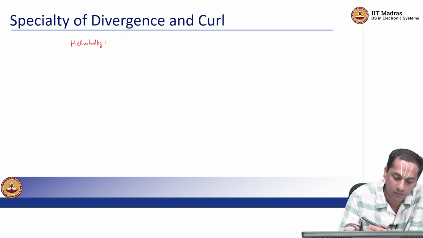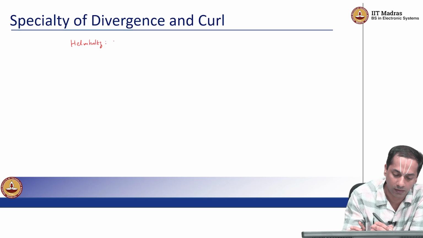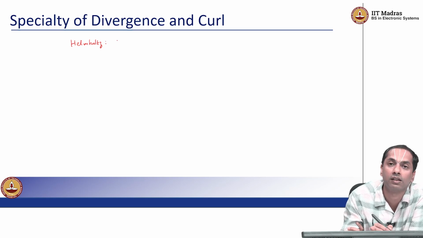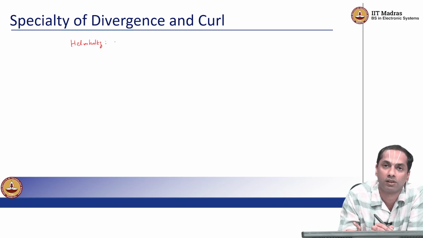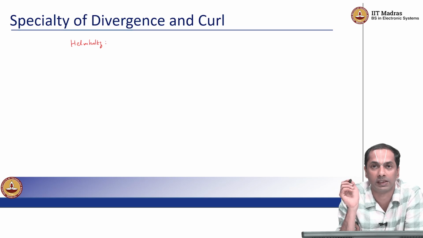We are not going to go into the depths of this theorem, but rest assured that mathematically there are proofs that tell you that divergences and curls are sufficient in terms of uniquely determining the fields.